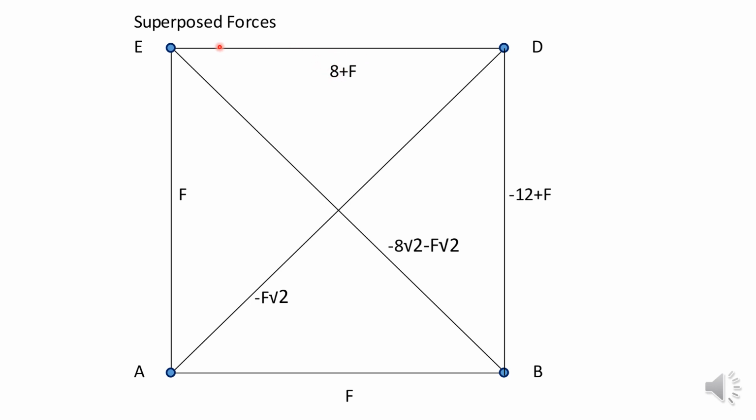So remember, we had a force of 8 kilonewtons tensile in ED plus the Stroop force F. We had a compressive force of 12 here, negative 12, plus F will be the combined force in this member. On the diagonal here, negative 8 root 2 minus the Stroop force, minus F root 2. Minus F root 2 here, F and F. These are just the Stroop forces because it's 0 plus the Stroop force.